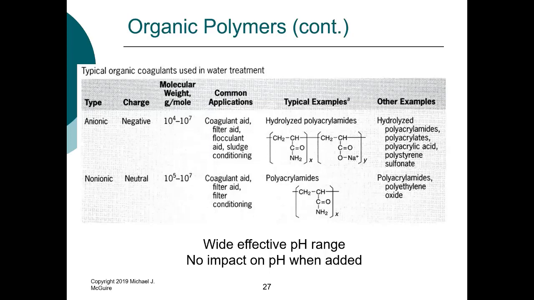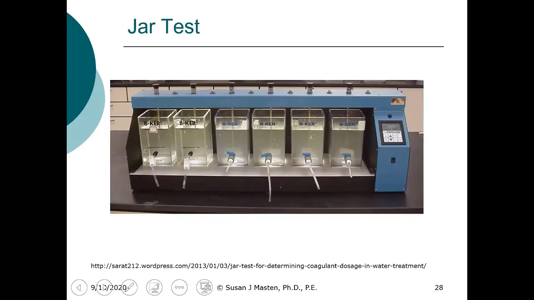So during the entire process in Flint that they were operating and treating Flint River water, they kept changing the concentrations of the anionic and cationic polymers. It's one of the few places where I have ever seen anionic and cationic polymers both added. But as I've said multiple times when I talk about Flint, essentially they operated a pilot plant at about 15 to 20 million gallons per day, because they were struggling the entire time to maintain efficient operation. This is a jar test apparatus.